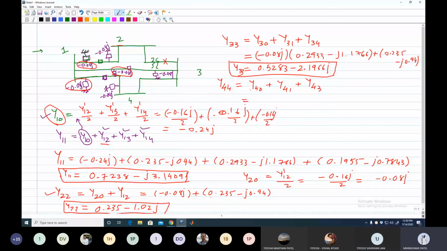It is 0.08 j. Then Y41 is 0.1955 minus j 0.7843, plus Y43 which is 0.235 minus j 0.94.